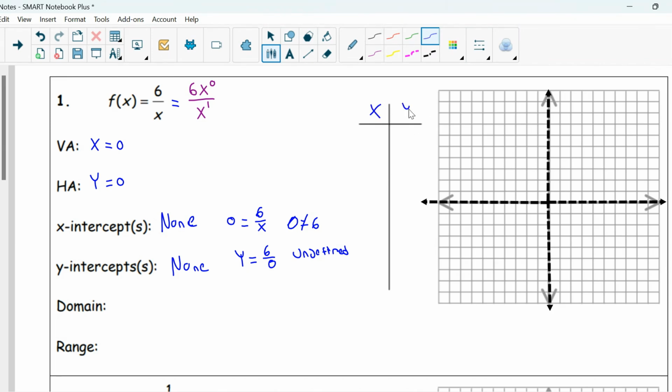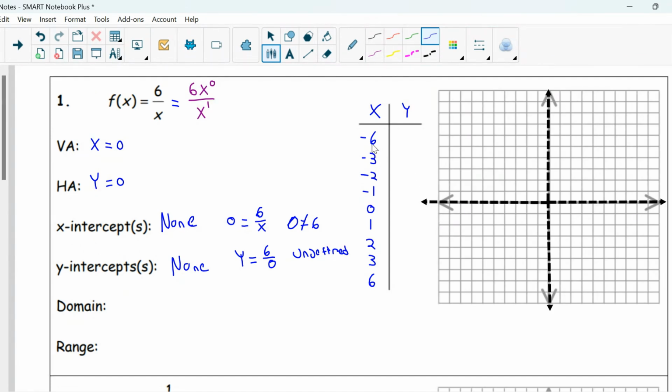So now let's substitute in our x and y values. Since we have 6 over x, I'm going to choose numbers that 6 divides nicely by. I'm going to choose -6, -3, -2, -1, 0, 1, 2, 3, and 6.